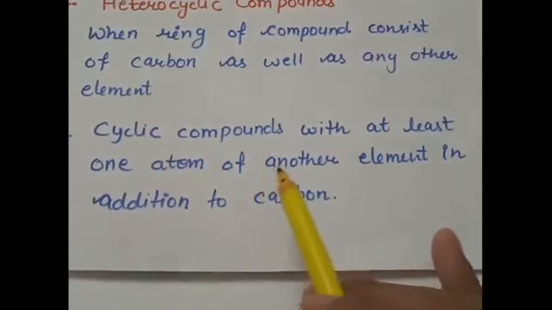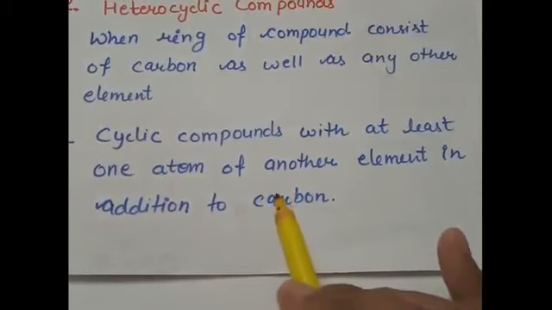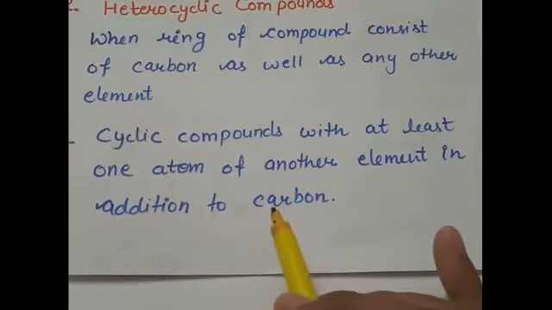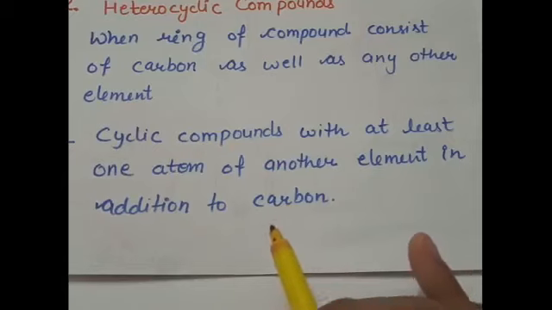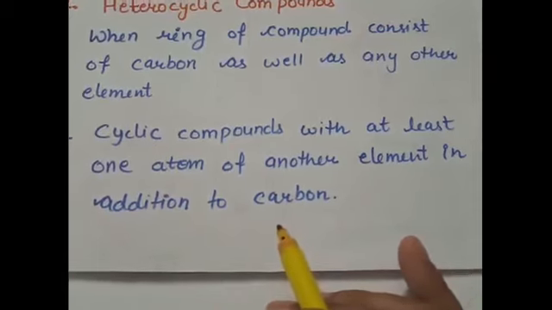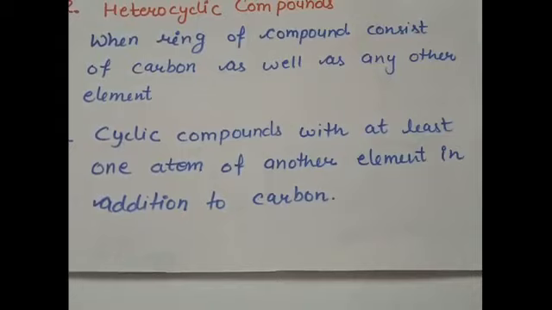That means we have a carbon ring in which at one or more places we have some different atom from some other element. It can be oxygen, it can be sulfur, it can be nitrogen, or it can be some other element depending upon the tendency to attach with carbon.